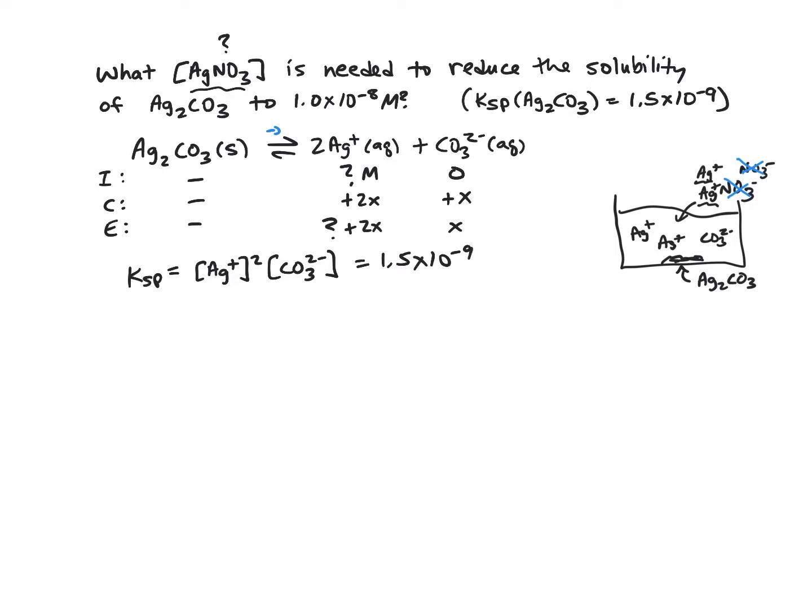And let's see, we're trying to find this unknown concentration of silver ion, and we don't know that, and we also don't know x. Well, wait, maybe we do know x. Let's think about this a little bit. We want to reduce the solubility of the silver carbonate to 1 times 10 to the minus 8th molar.